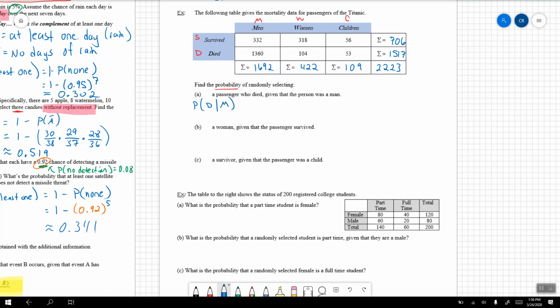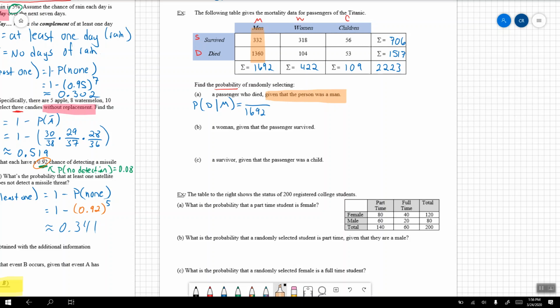All right. So what we're really quickly going to look at is the first probability that is going to take place. And that first probability is this one here. The probability that the person was a man. So we have to look at how many total men were aboard the Titanic. So how many total men were there? 1692? So out of all of these men that were on the Titanic, how many of them died?